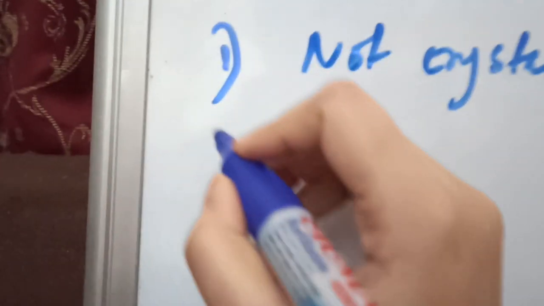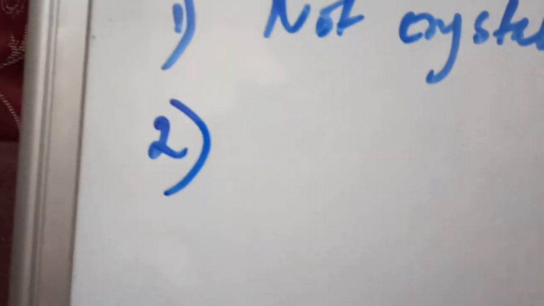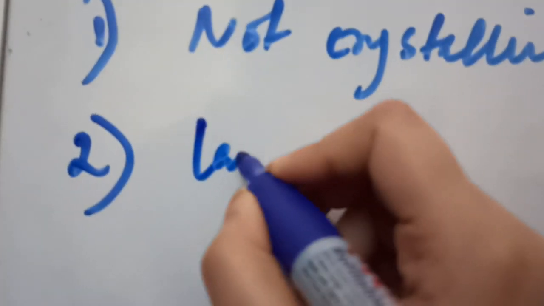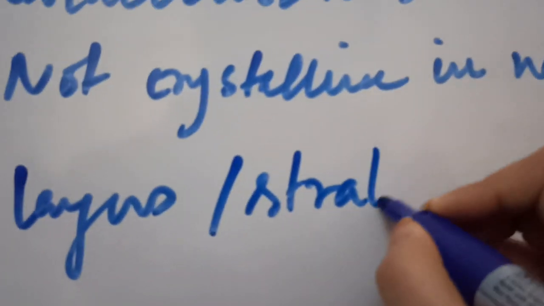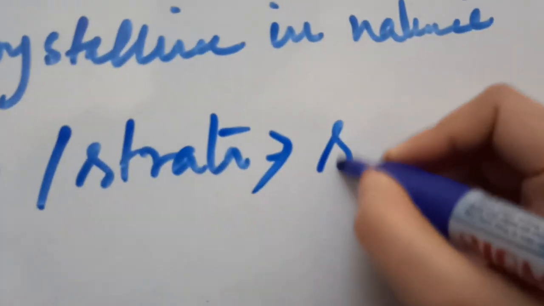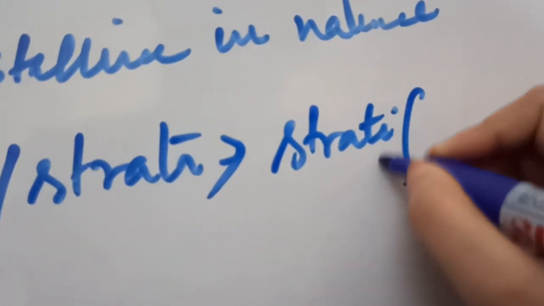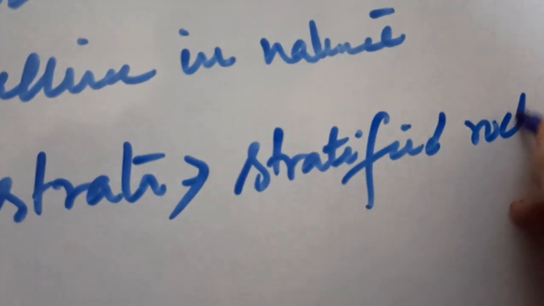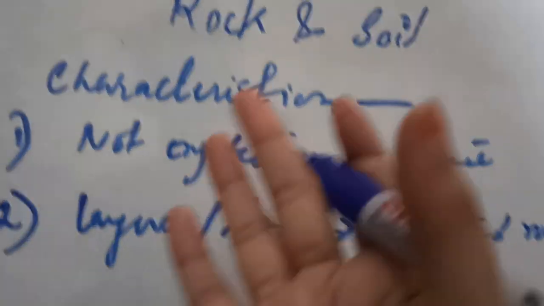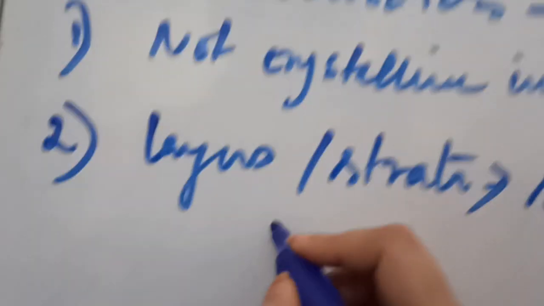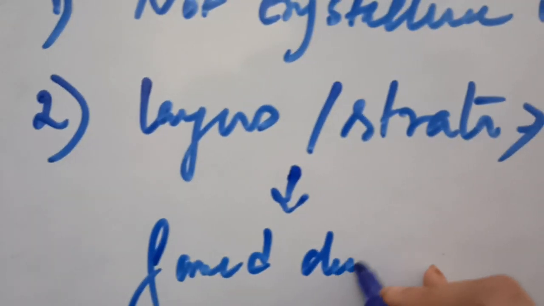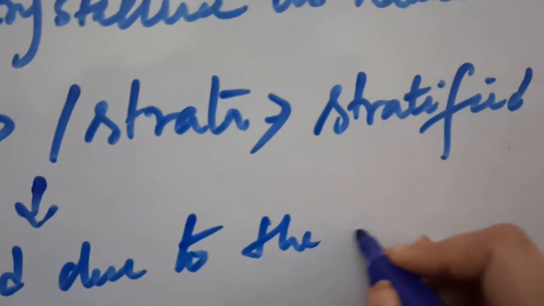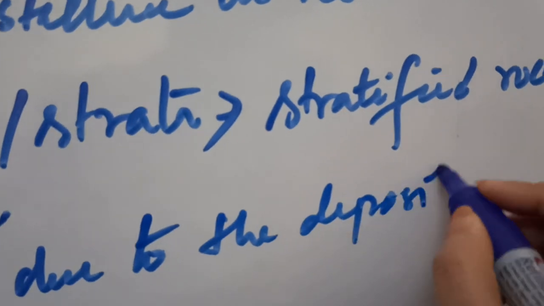Okay. Next, they have layers or strata. As a result of that, they are also called the stratified rock. Why do they have strata? Because they are formed due to the deposition of sediments.